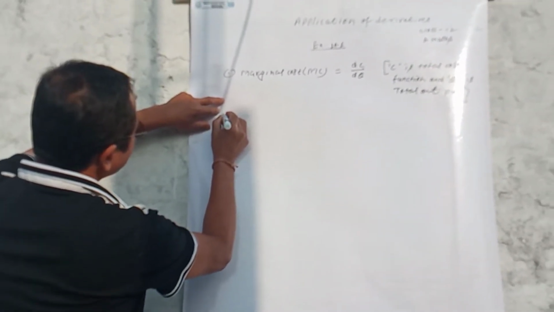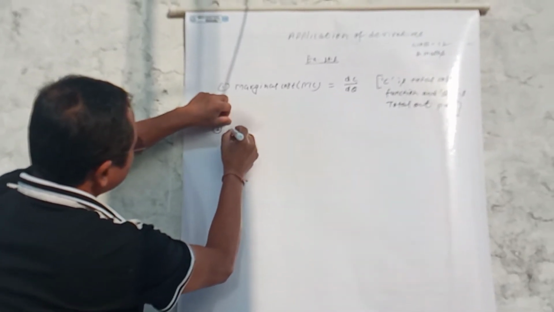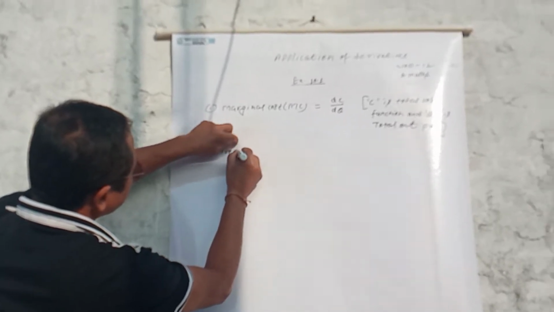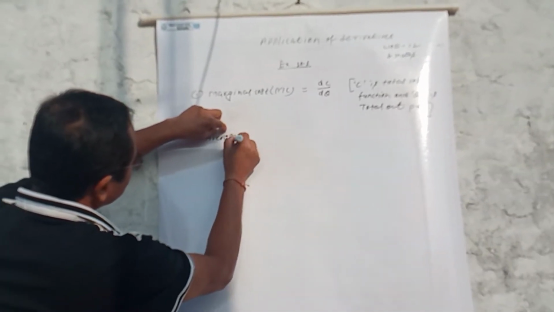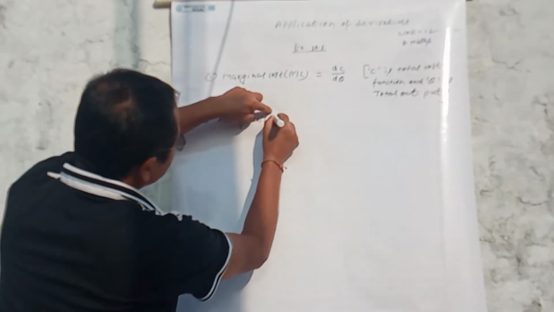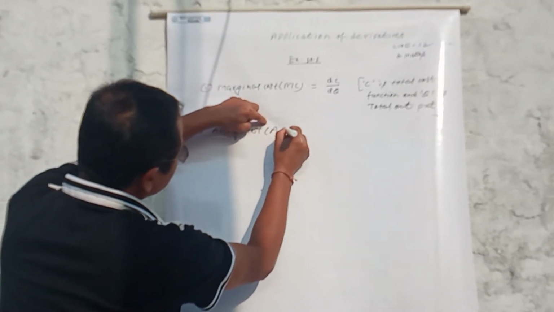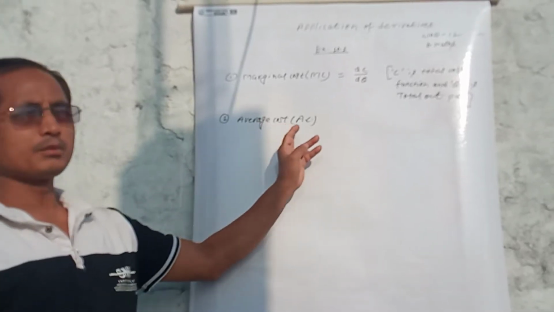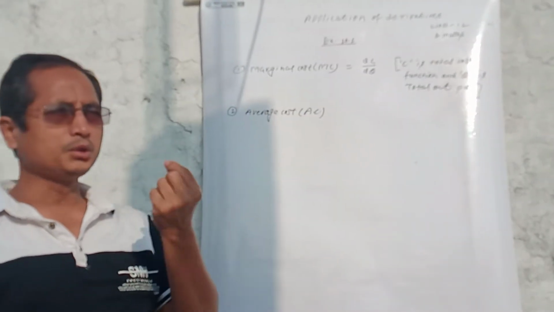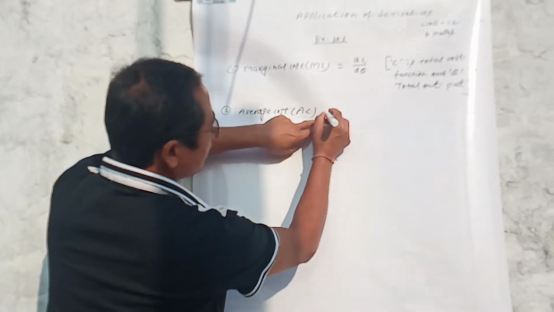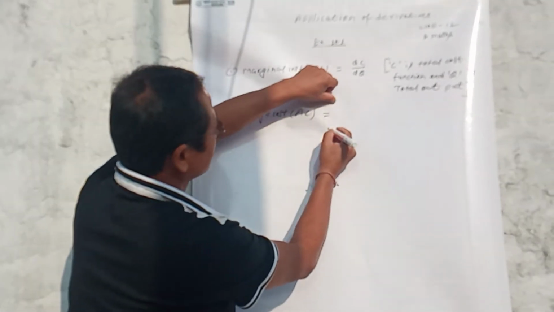Next, average cost. If you have to find average cost, that is denoted by AC in shortcut. Average cost means the cost of a unit. The cost of a unit we can also call average cost.